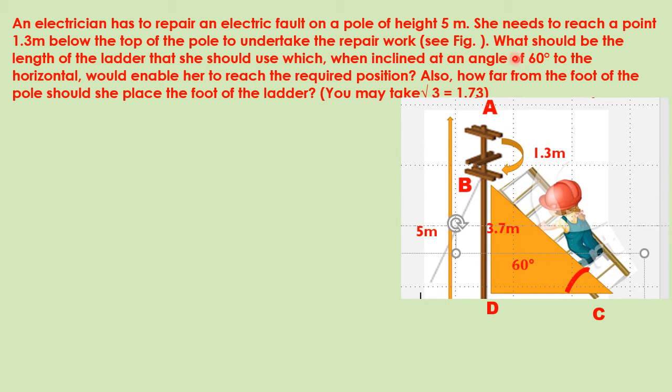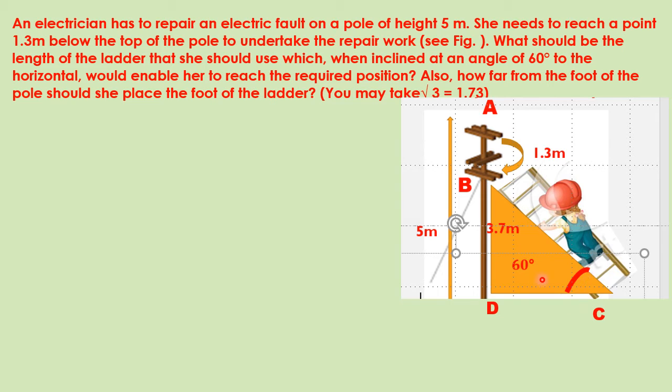Read it properly. What does horizontal mean? The straight line DC, which is at the foot, on the ground. The ladder is inclined to this horizontal line.